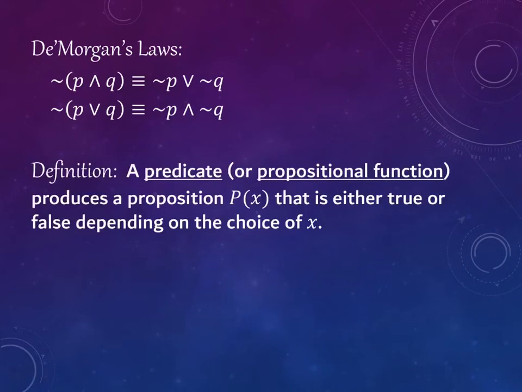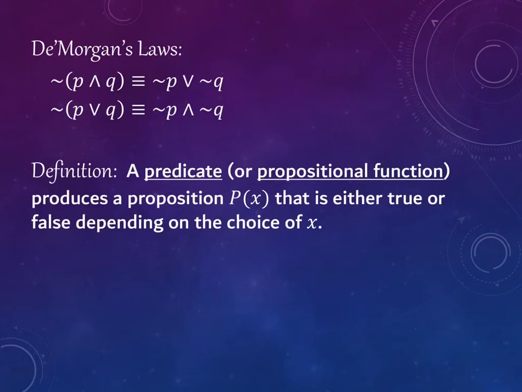All right. A predicate or a propositional function produces a proposition that's either true or false depending on the choice of X. And we saw one of those when I gave you the non-example earlier.